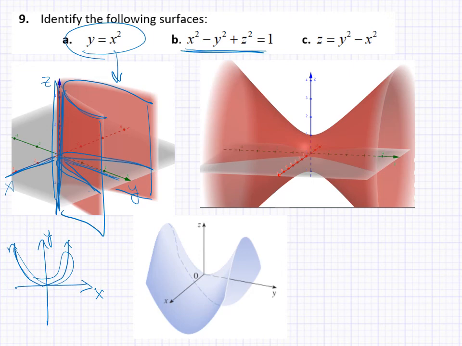In this case, we have all three squares. What do we have in each direction? Z squared equals 1, which means that direction, okay?